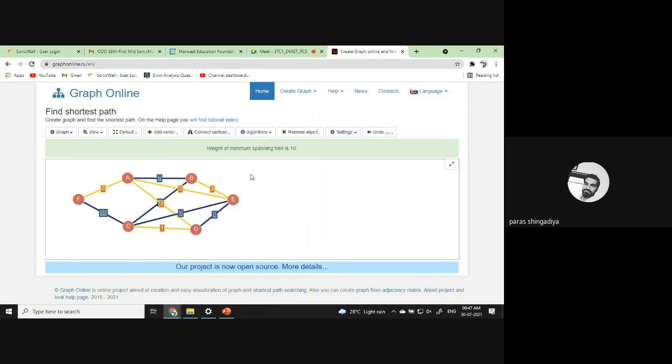Okay, so now this yellow line, that is our spanning tree. There is a yellow line there. You can see the total weight of the spanning tree is mentioned here, that there is a 10. What will be the total weight? The total will be 10. Let's check it.